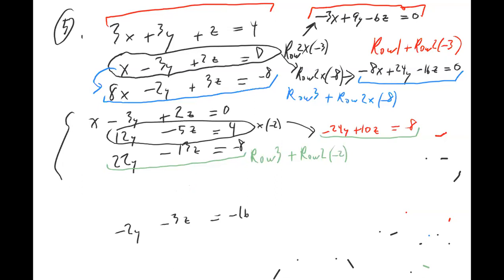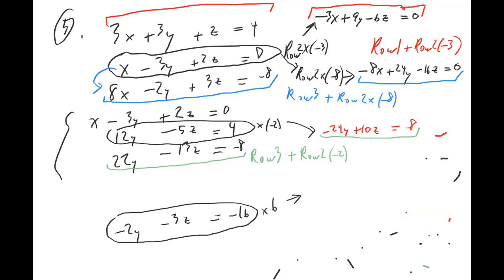Now, you see what I'm going to do? I'm going to take this one right here and multiply it by +6. The reason I'm doing that is because when I multiply that by +6, it's going to make -12y. When I add that onto the 12y that I have, it's going to eliminate that term.